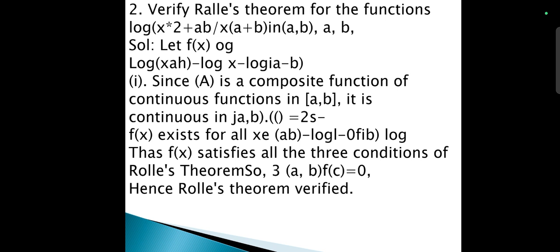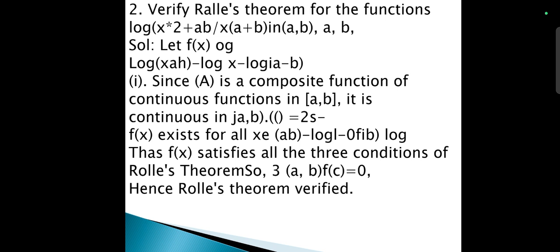Verify Rolle's theorem for the function log of (x square plus ab) by x into (a plus b) in the interval a comma b. Solution: let f of x be log of (x square plus ab) minus log x minus log of (a plus b).